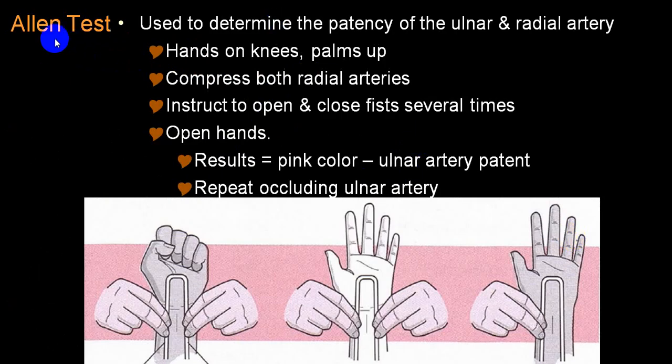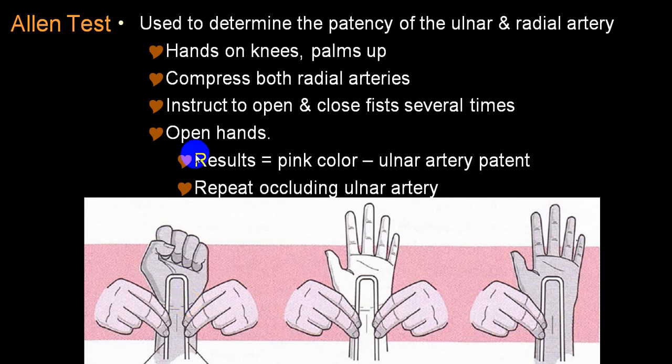There is one test which is Allen test. This is very frequently done to find out the circulation in an arch which is present in the palm before a radial artery is to be utilized for what we call as bypass surgery, CABG.